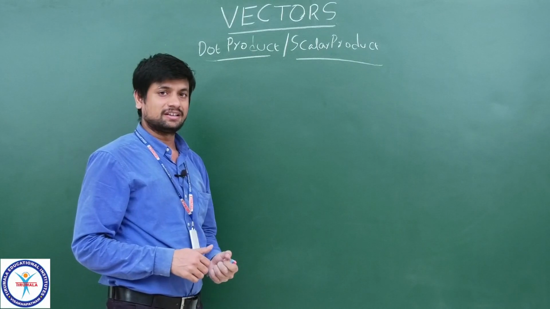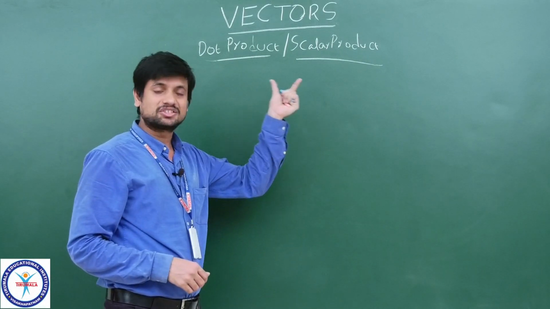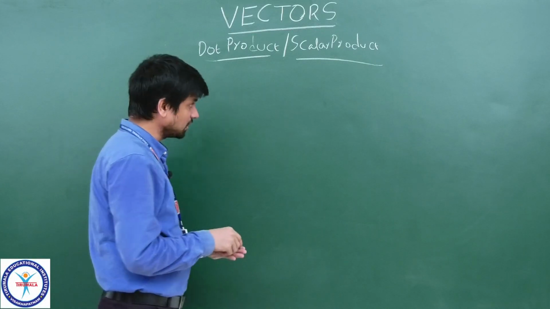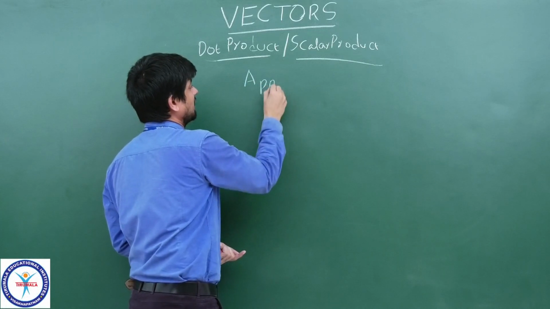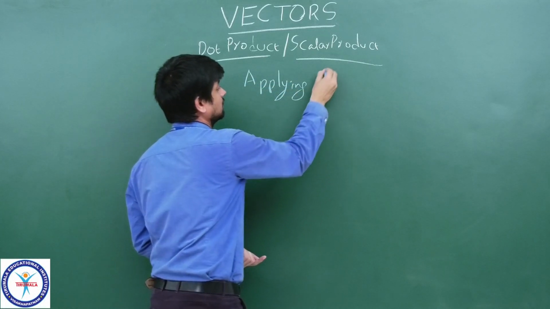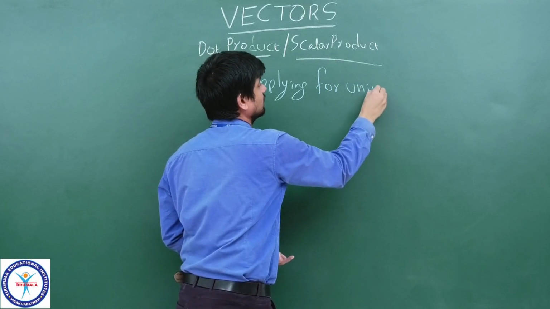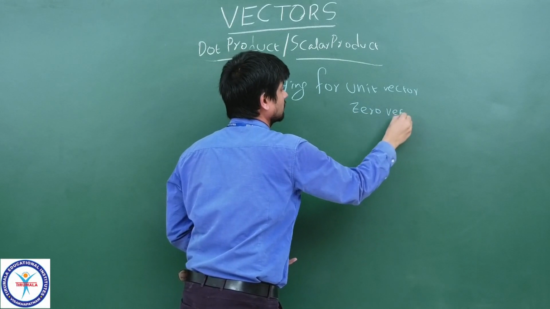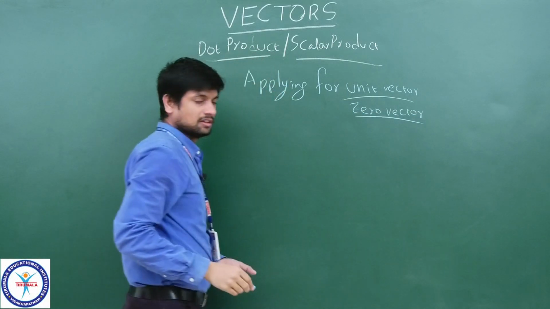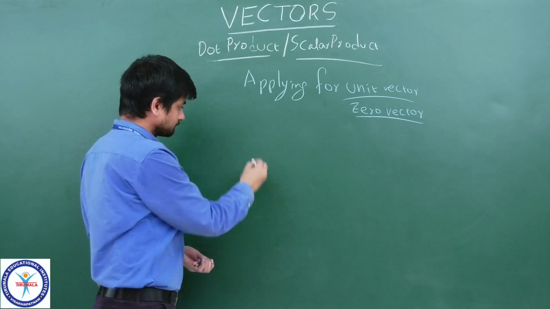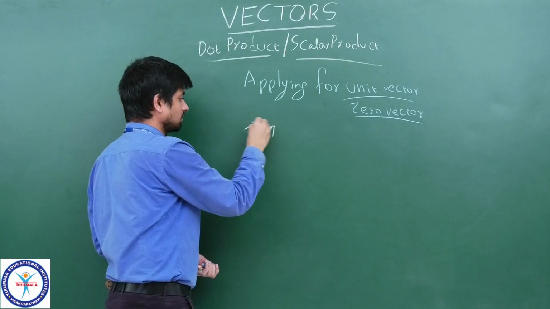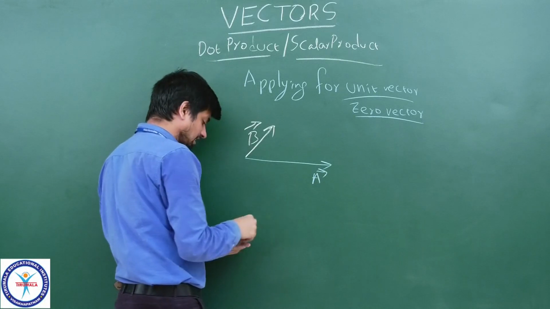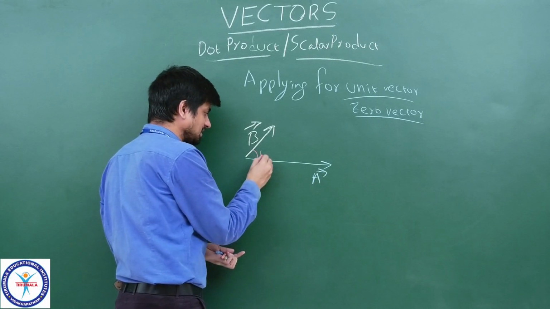Okay, children, now we are going to apply this dot product formula for unit vectors and zero vectors. You have the formula. If this is vector A and this is vector B, the angle between them is theta.